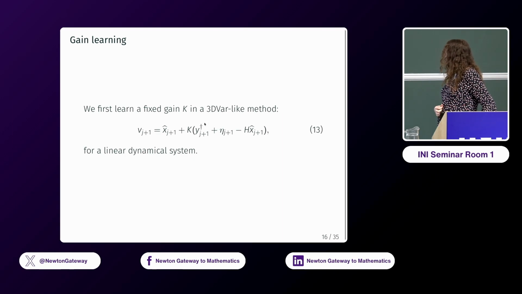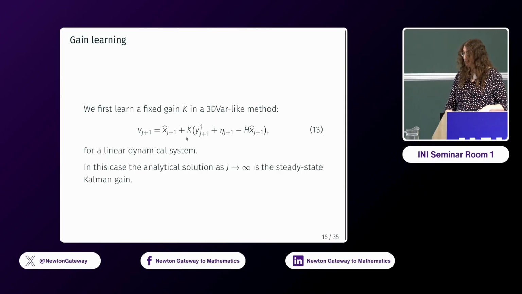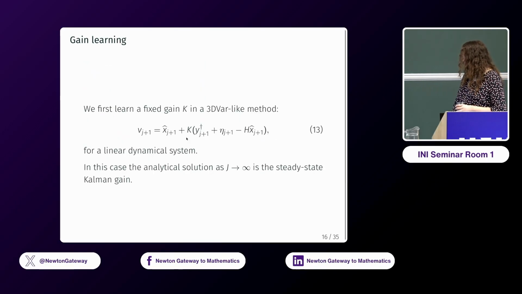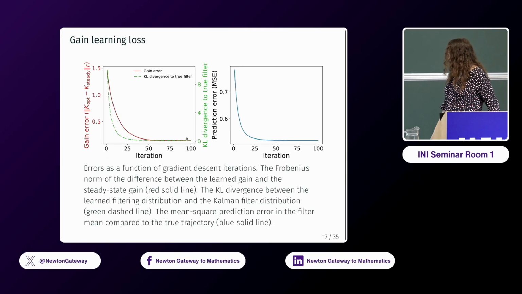The first thing is we learn a fixed gain. This is a very simple example: we're just learning a fixed gain for a linear dynamical system. The reason we looked at this first is that we know what the true solution is, so we can compare against it. We have the analytical solution, which is the steady state Kalman gain.